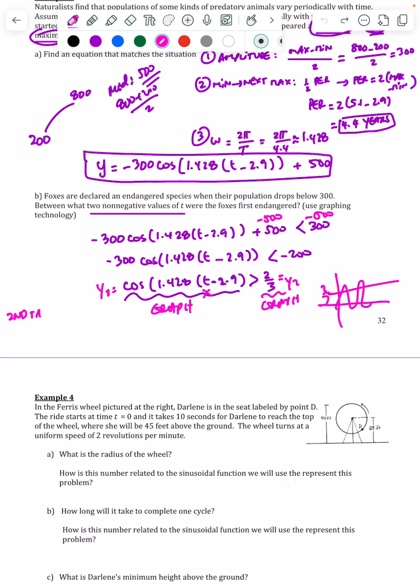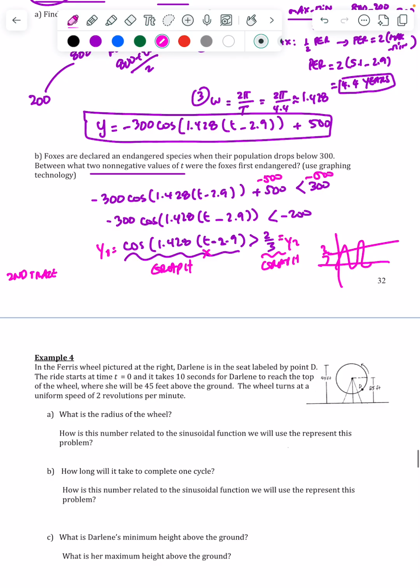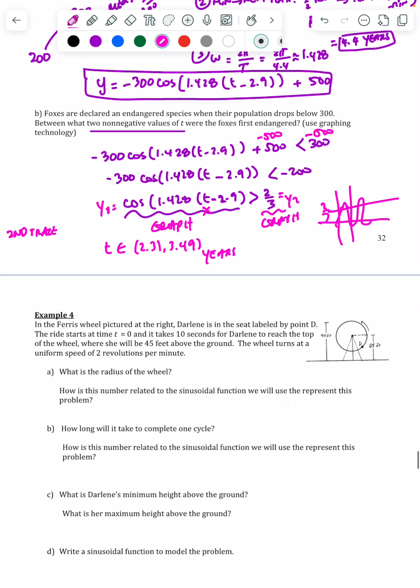And remember, there were keywords, two non-negative values. As you graph, and we can discuss this in class if you need support, you will find two values here that are non-negative. They were first endangered, right? T is going to be an element of approximately 2.31 and 3.49 years. So this is the time frame in years in which the population of foxes was first endangered.